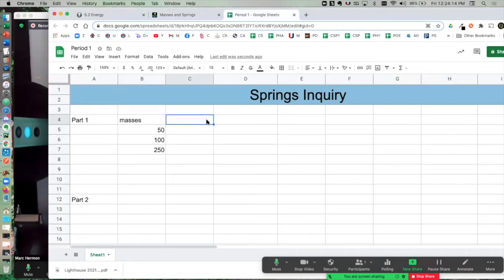I need to have my X column come before my Y column, right? So Google knows what I'm trying to do, at least sometimes. So X is going to be displacement, and Y is going to be the force.